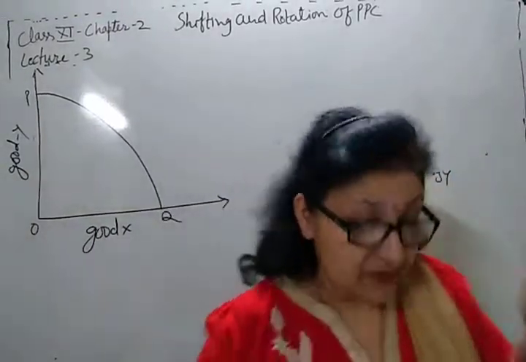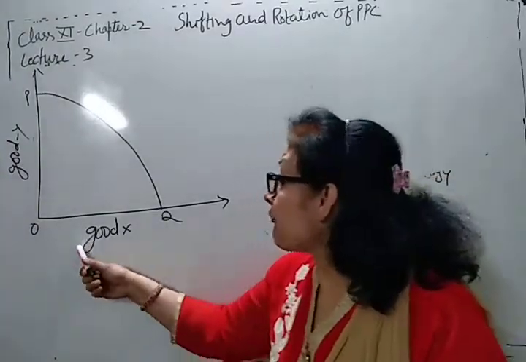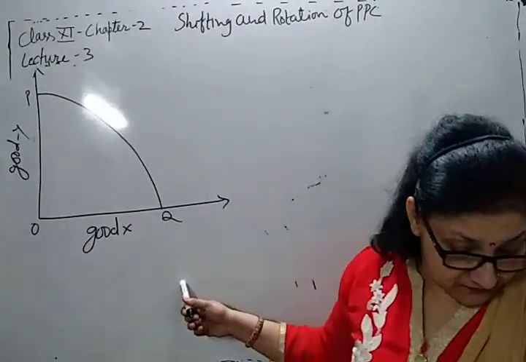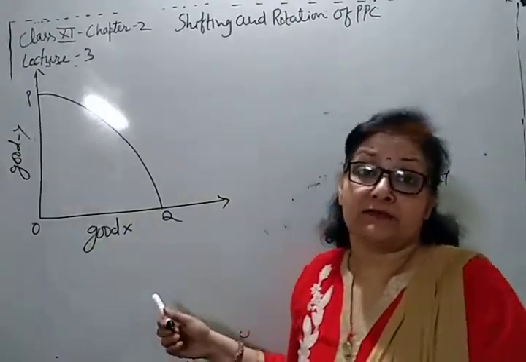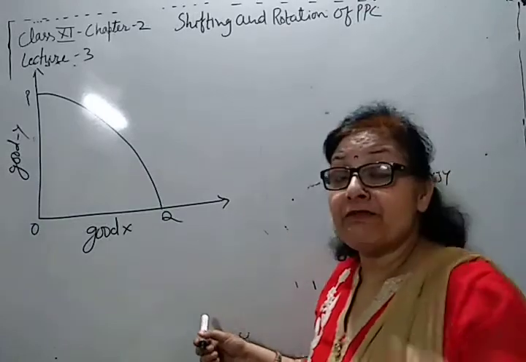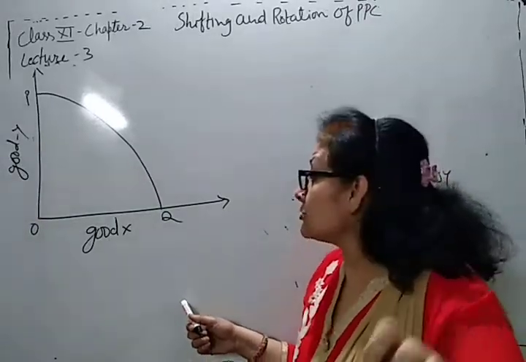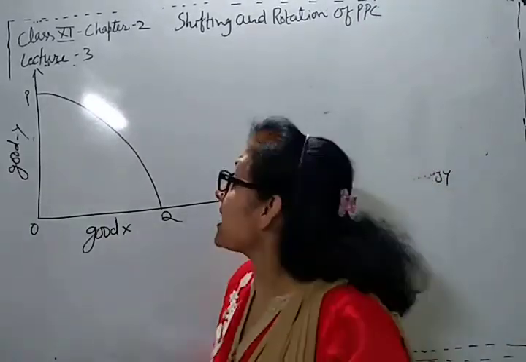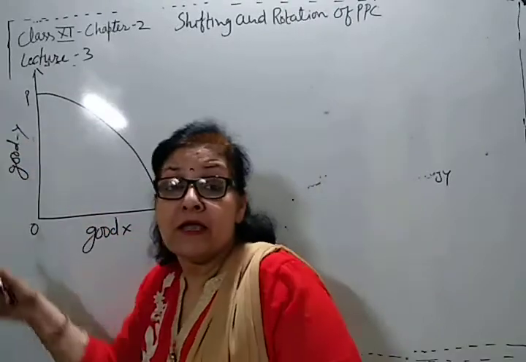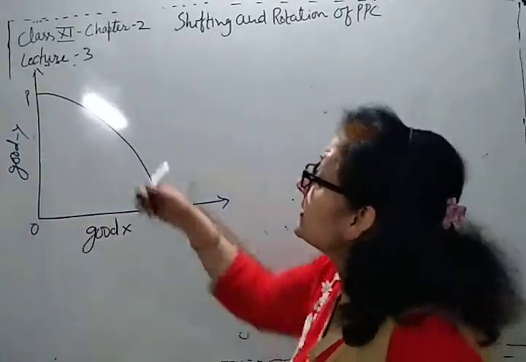But when efficient technology, improved technology, is used for the production of good X, there is no effect on the production of good Y, but with the given resources, production of good X increases.